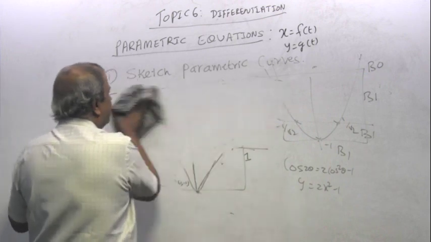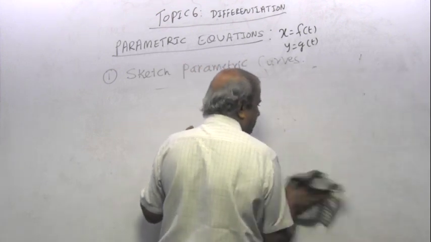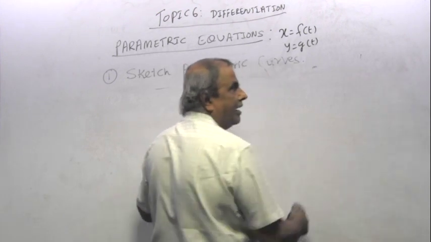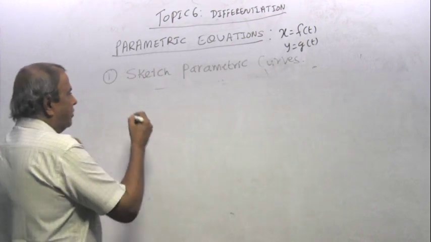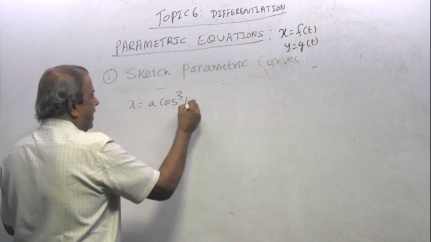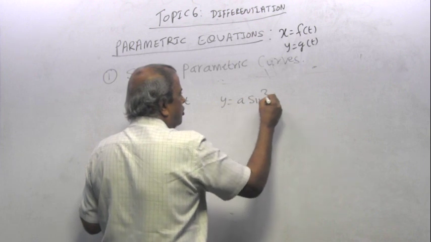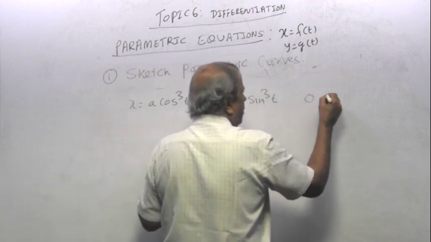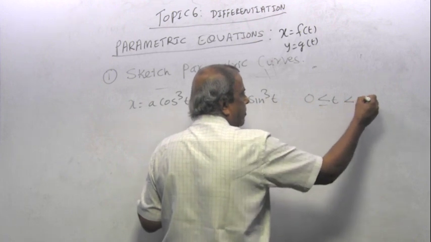When I introduced the question, I took a very interesting example called the asteroid, which is x equal to a cos cube t, y equal to a sin cube t, 0 less than or equal to t less than 2 pi.